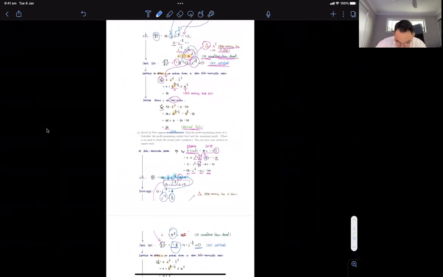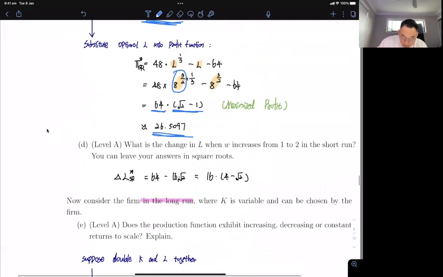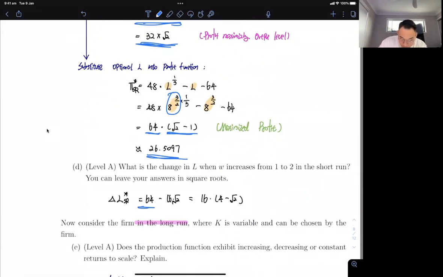In question B, that equals 8 to the power of 3/2. Just this one minus that one, we get 64 minus 16 times the square root of 2, which is 16 times 4 minus the square root of 2. That's the change of labor in the short run.